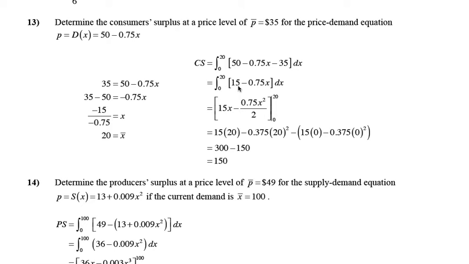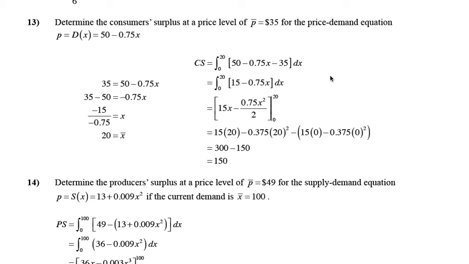Now, to find this antiderivative, a constant term becomes a first degree linear term. We'll just add an x on there. And to find the antiderivative for this term, we remember that this is x raised to the first power, and 1 plus 1 is 2. So we will raise our x to the second power.